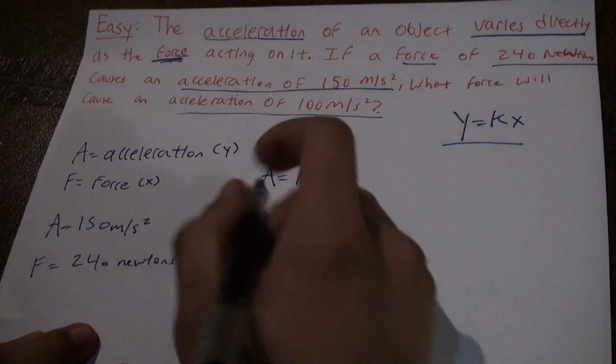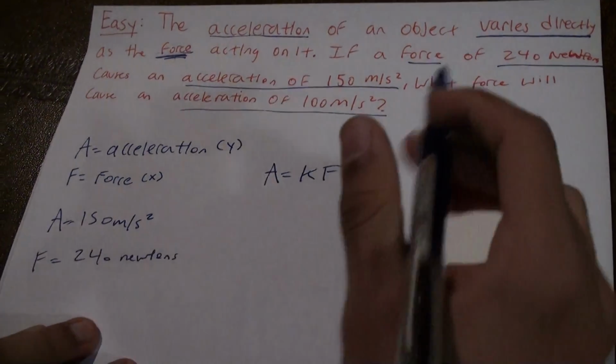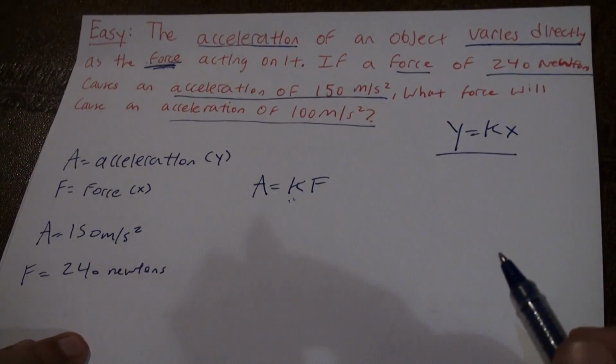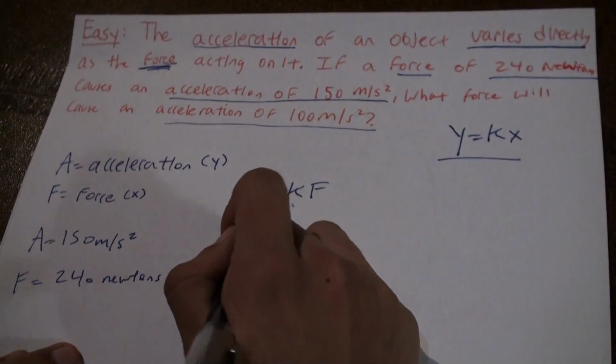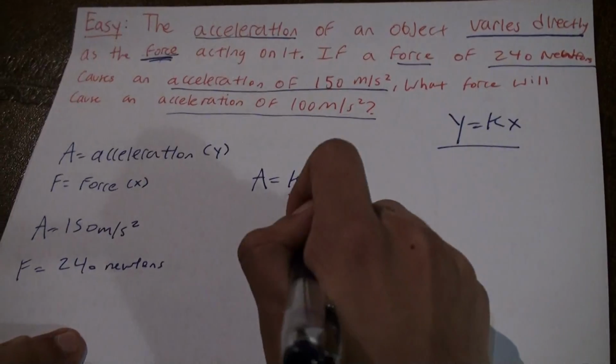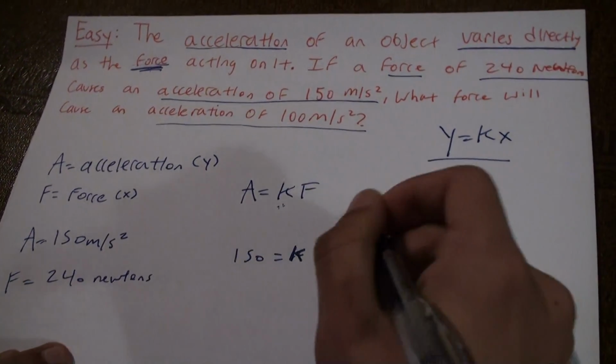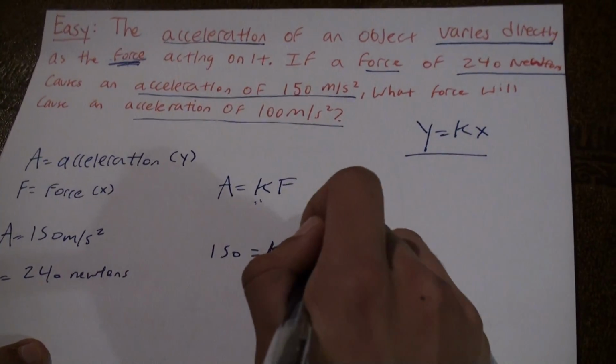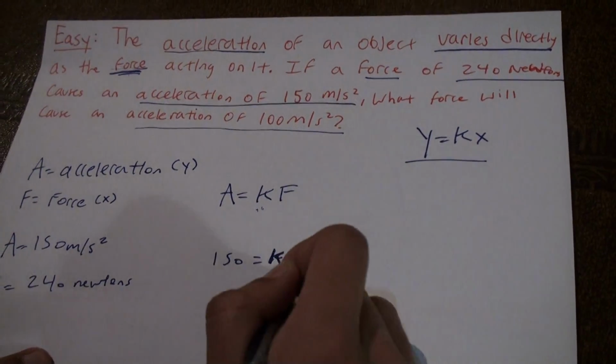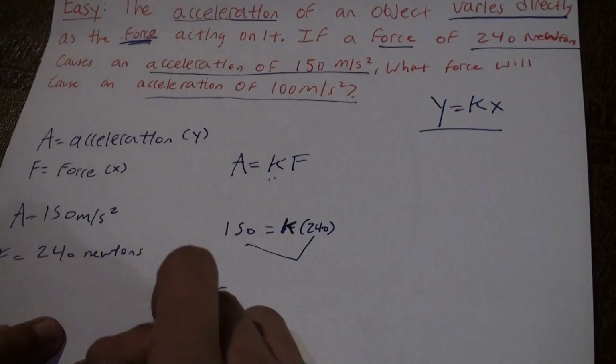Alright, so you plug those in, because remember the first thing you want to do is solve for your constant, because you want to be able to solve for the second part. So you do 150 equals K times 240. So divide that, just like in the sample problem.